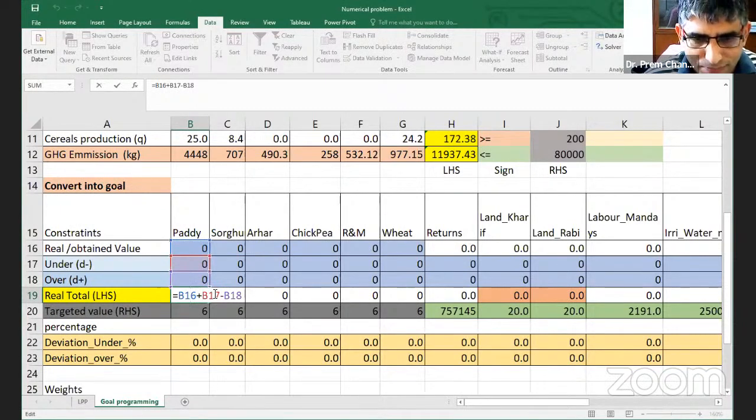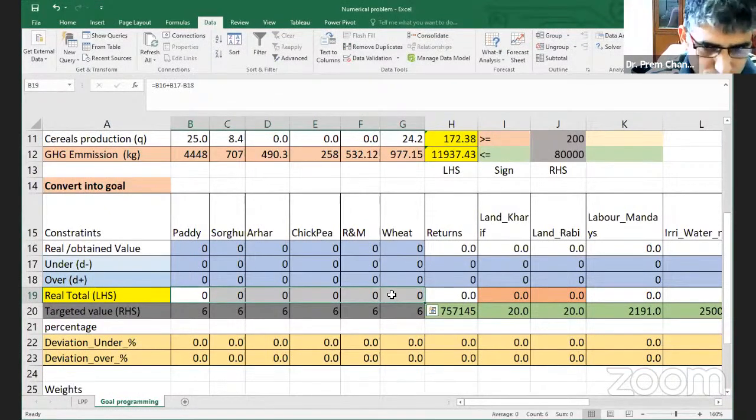This is my target, I want this to be achieved, but I can accept less than that too if all my targets are achieved to some extent. So I have added this negative deviation and subtracted the positive deviation, likewise in all six crops.